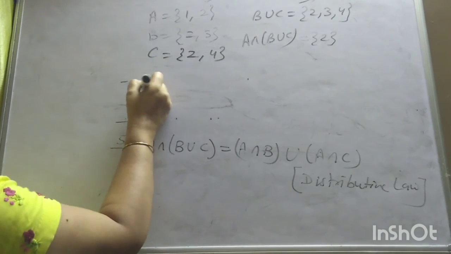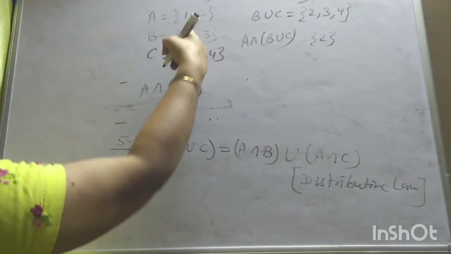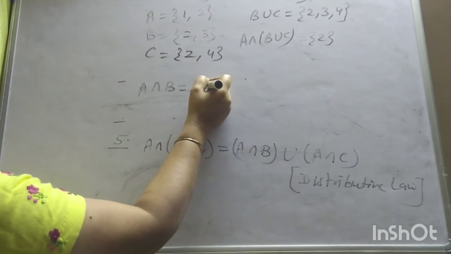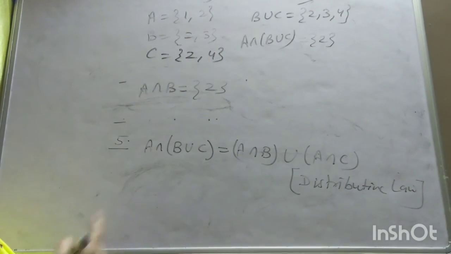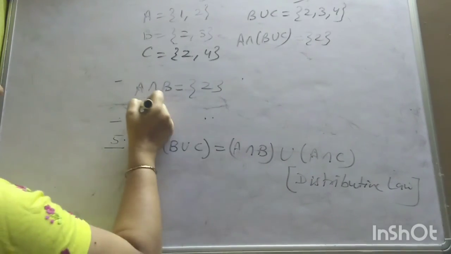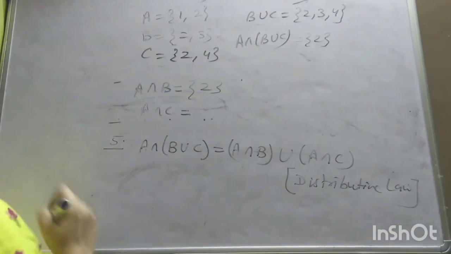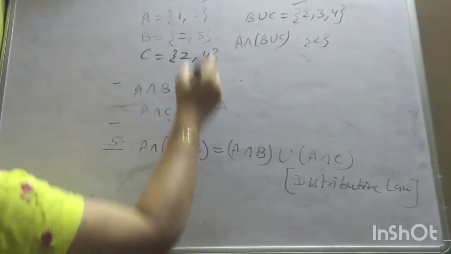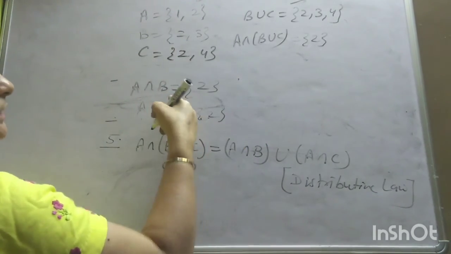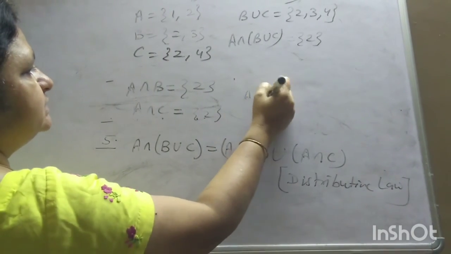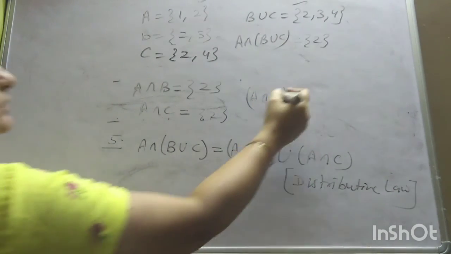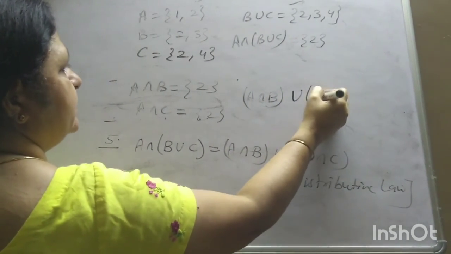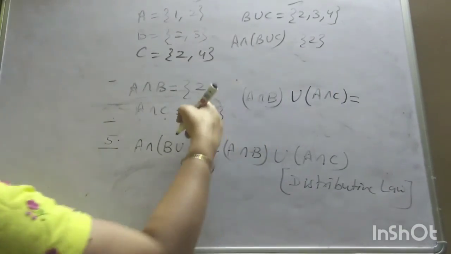Now right hand side, A intersection B: only common element is 2. Now A intersection C is 2. Now take union of these two sets, (A intersection B) union (A intersection C).